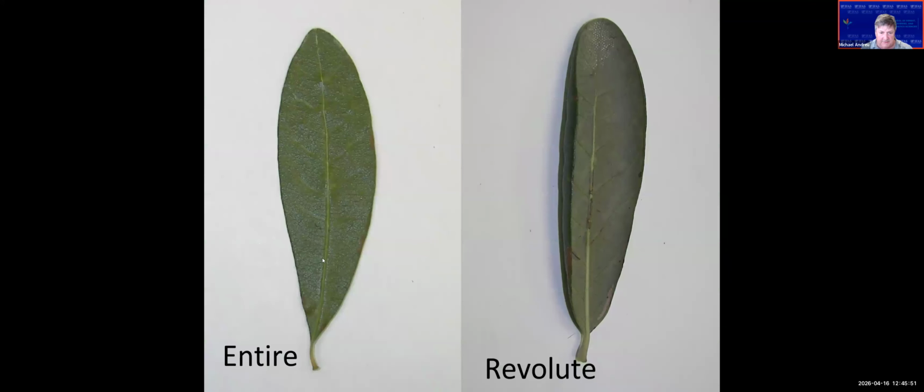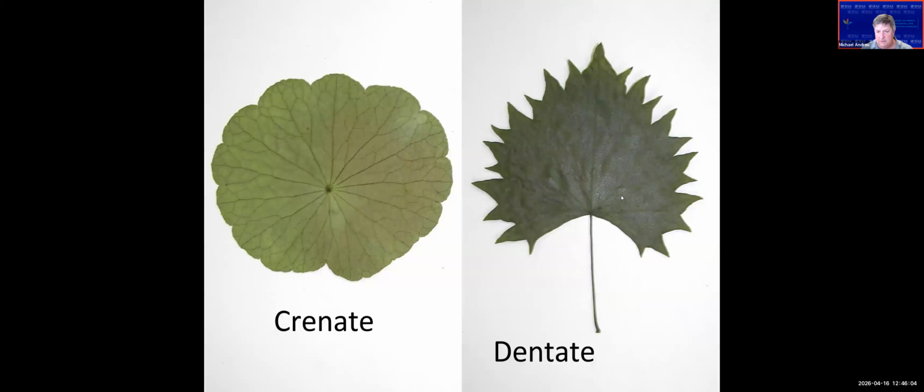So there's an example of entire, a smooth outside edge of that leaf. This is what we refer to as revolute, where the leaf edge is curled up and sort of curled in. That's a revolute margin. This is crenate. You can see it looks like somebody took craft scissors to go around the outside edge. There's dentate, and that looks like the teeth you'd carve in a pumpkin, right?